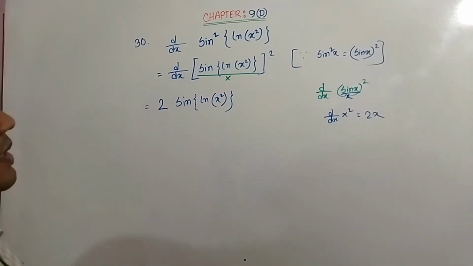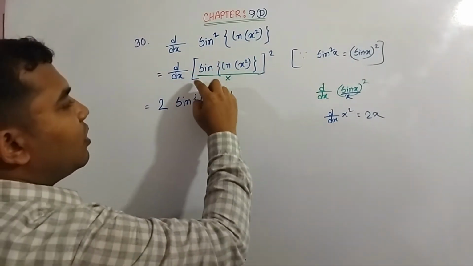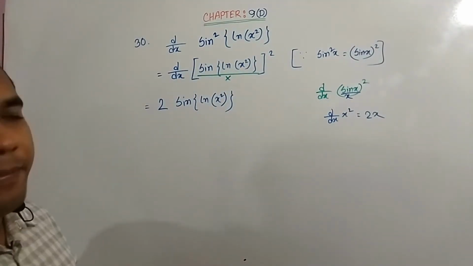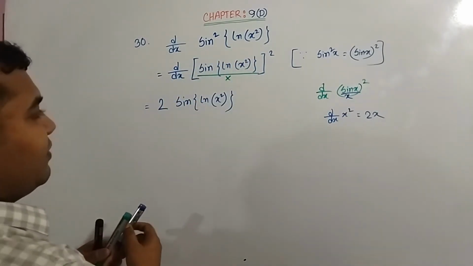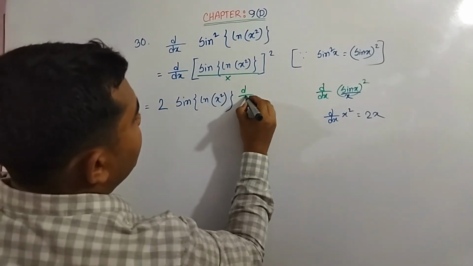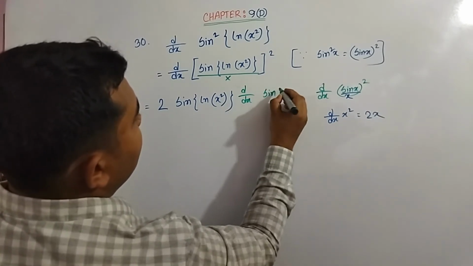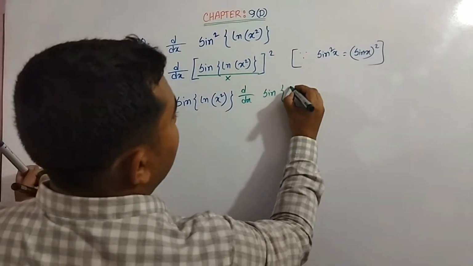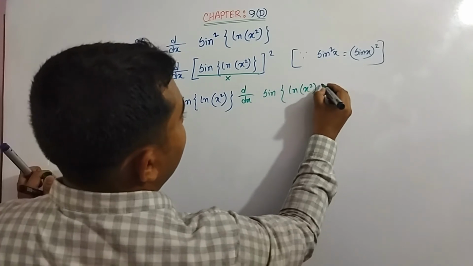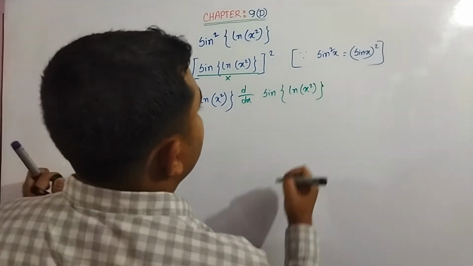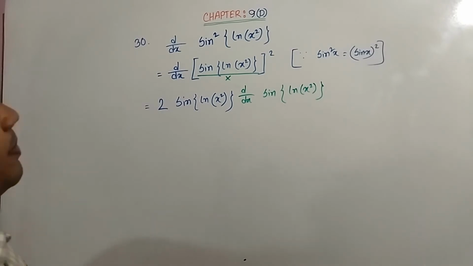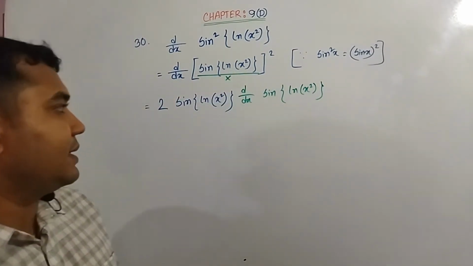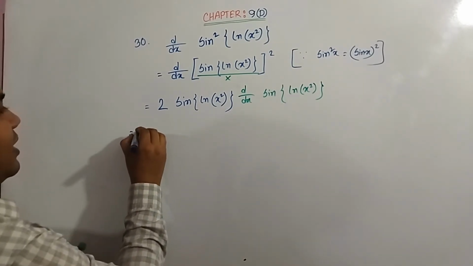Okay, but here the question is, this was not exactly x. Why? This was something, so we have to differentiate that part right now. So d dx of sine ln x square will be the part, because we were thinking that was our x.